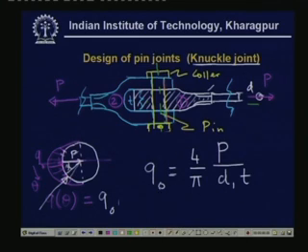Now this is again the maximum pressure, and it must be less than SC, the crushing strength of this material. The material may be crushed, so q naught must be less than SC. But this is a very complicated assumption. One simple assumption could be that q naught is a constant, and q theta is constant, again equal to q naught.